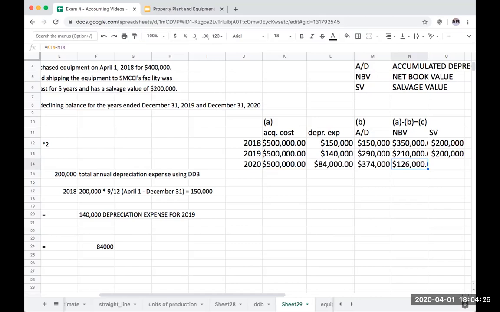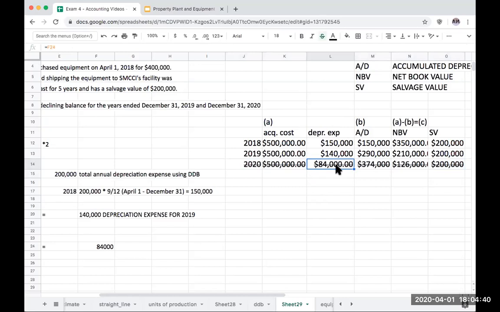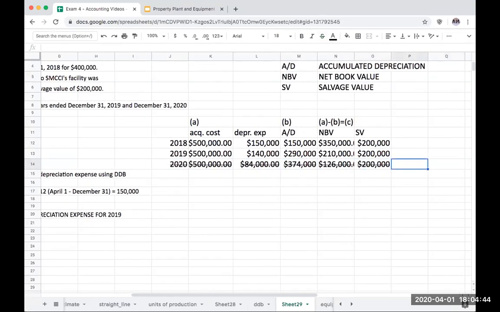I have a problem because my net book value is less than my salvage value. So what I need to do here in this scenario is that I have to not depreciate this by $84,000, right? Over here, the net book value is less than the salvage value.